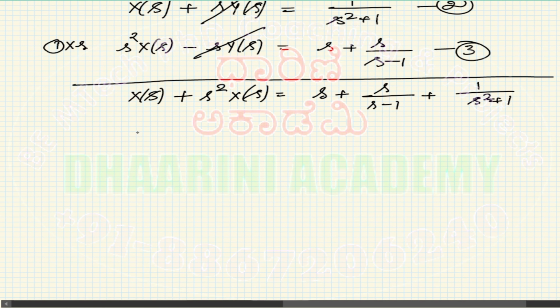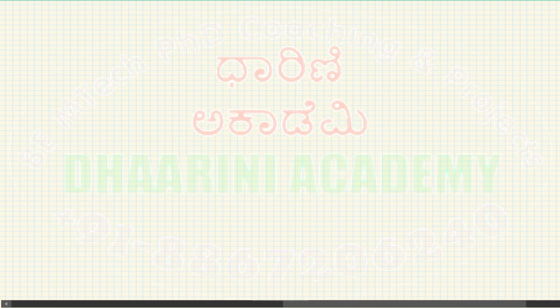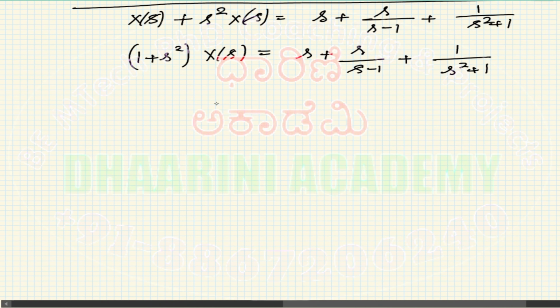This implies 1 plus s square into x of s equals s plus s over s minus 1 plus 1 divided by s square plus 1. So we need to move this to the other side.